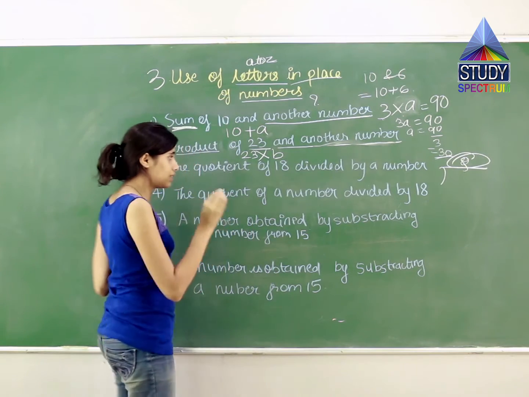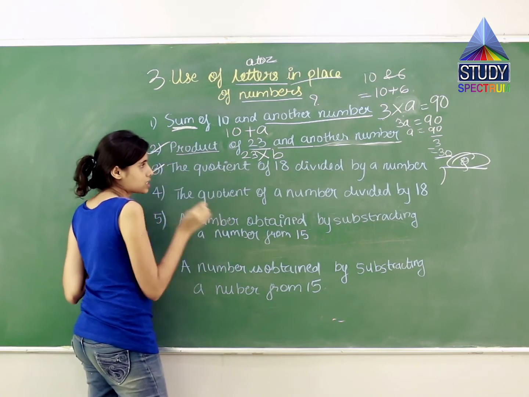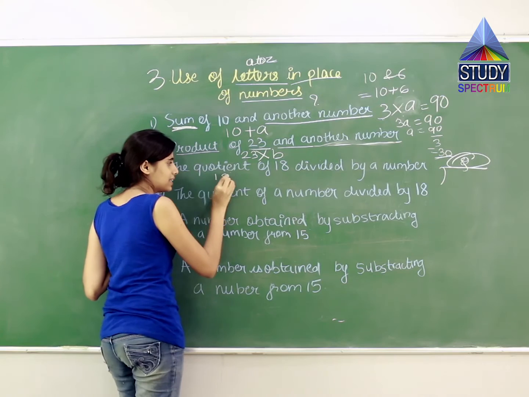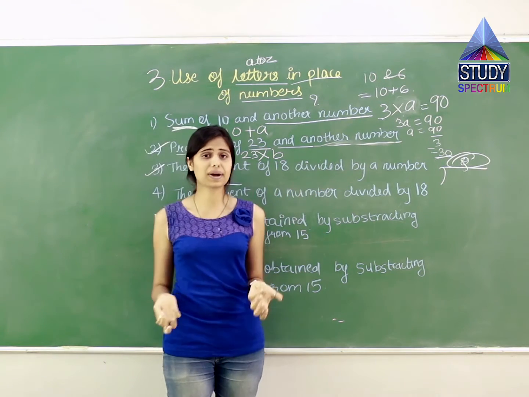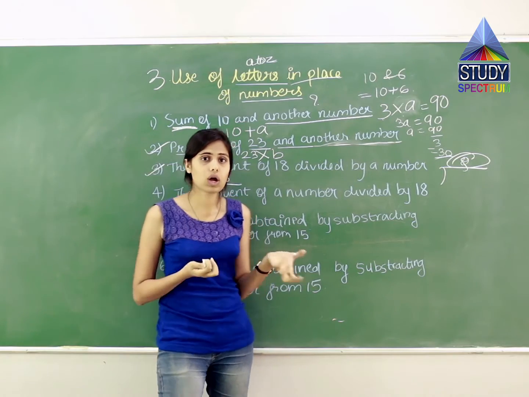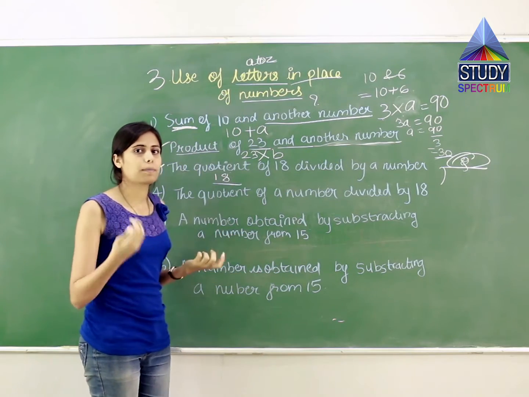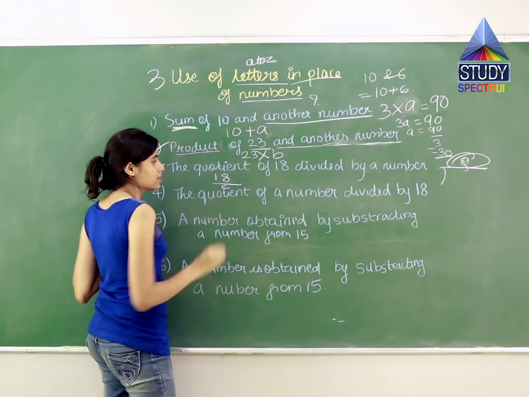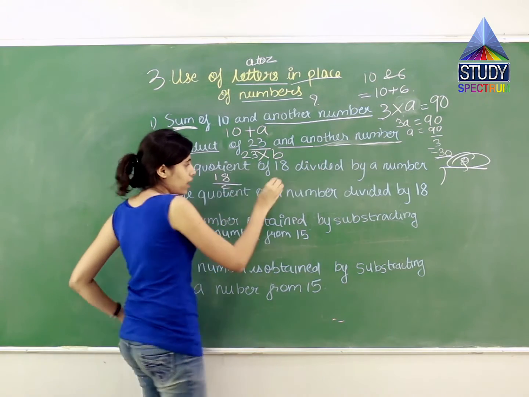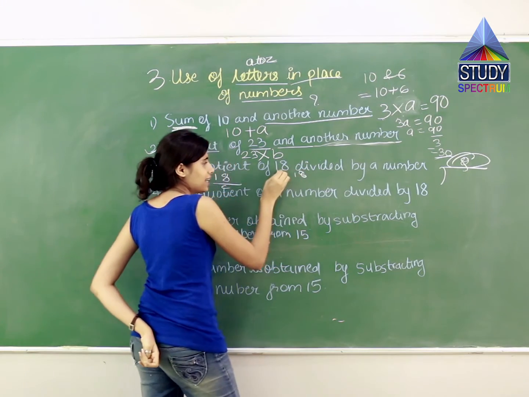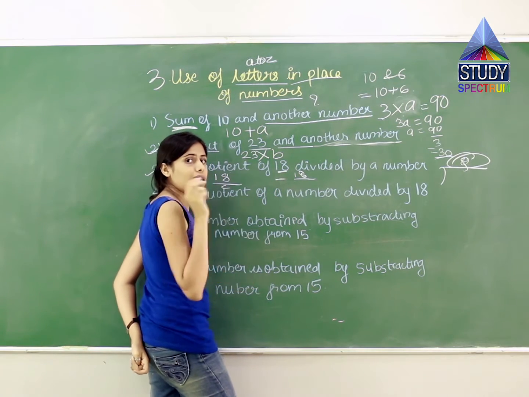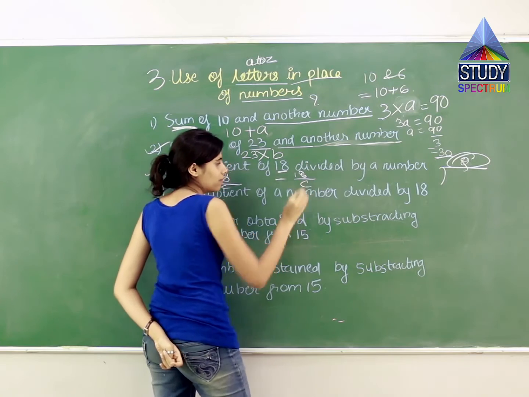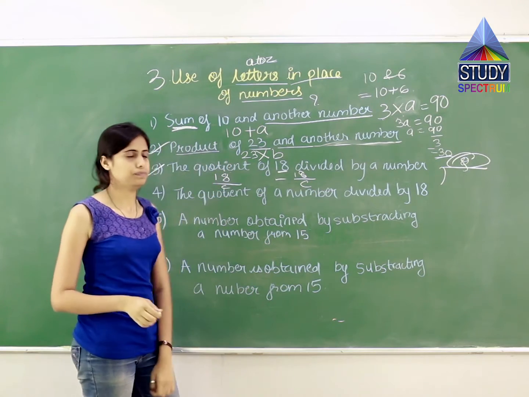They are telling you to find the answer if 18 is divided by a number. Now, a number I don't know. So what will I do? I will replace it with a letter. Suppose C. So what is the answer? Answer is 18 by C. Because one number I know. They are telling that 18 is one number. But the another number I don't know. So I am replacing that another number with a letter which is C.